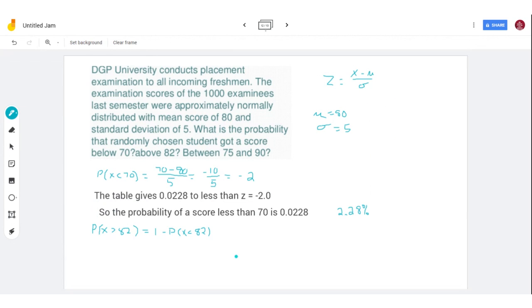All right, so let's just calculate the z. 82 minus 80. So what does that come out to? That's 2/5. This time it's positive.